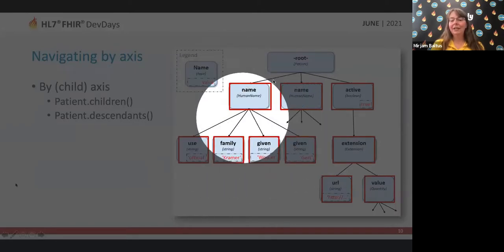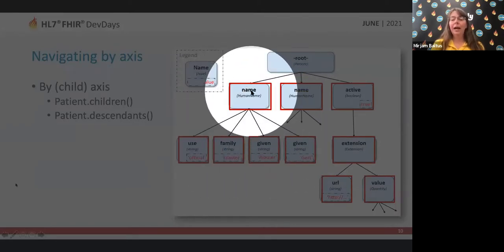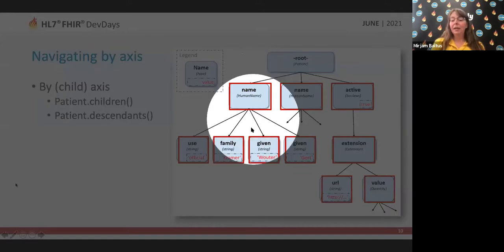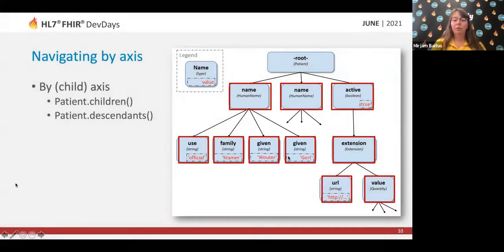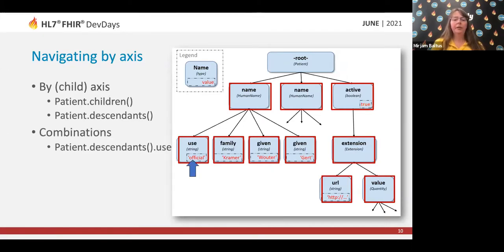So selecting this one in my collection will have all of the information from its children as well, because it's the human name data type. But we will also have the family and the given, etc., in our actual resulting collection from this particular FHIRPath expression. So that's navigating through the tree.